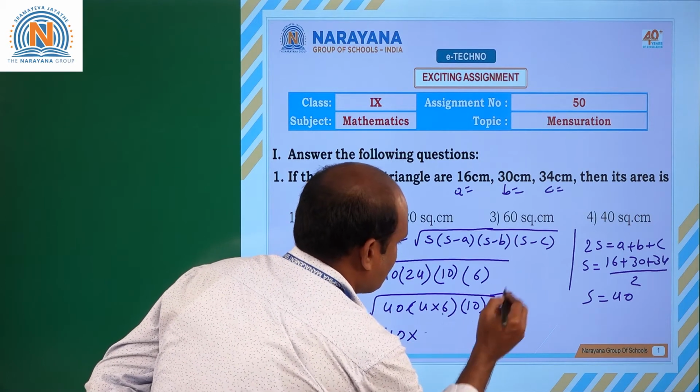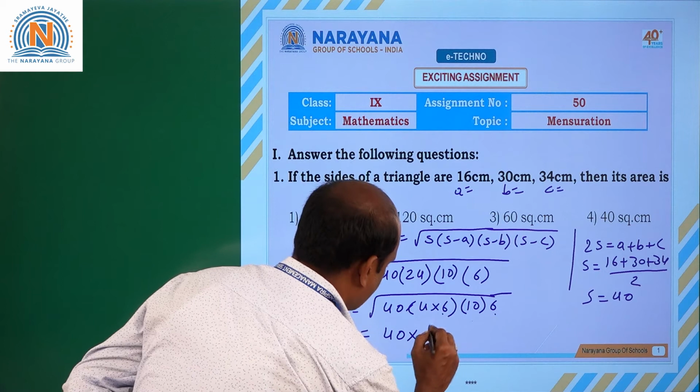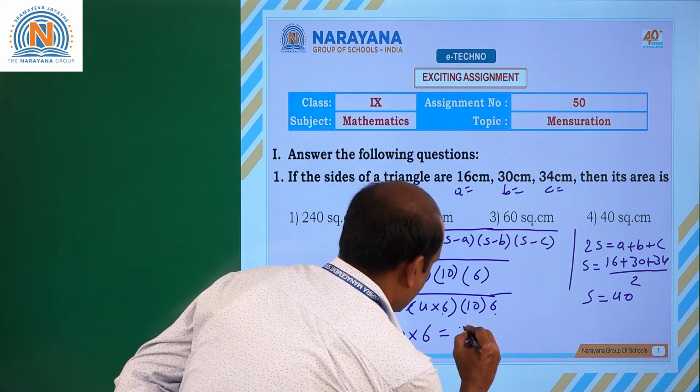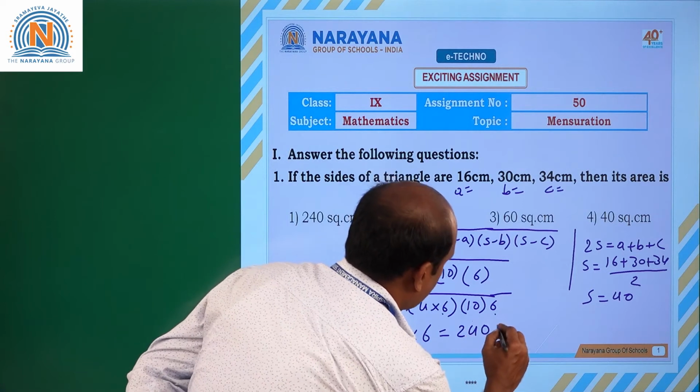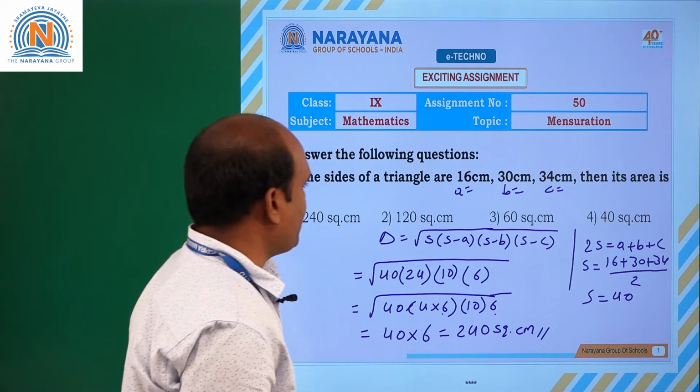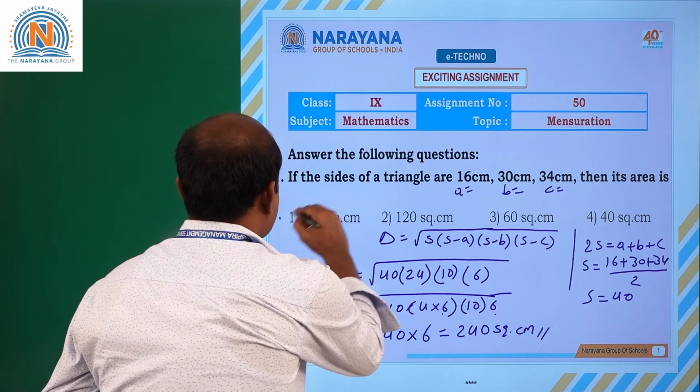Into this 6 into 6, 6 square, under root of 6 square is 6, that is equal to 40 into 6, that is 240 square centimeter. So area of a triangle is 240 square centimeters.